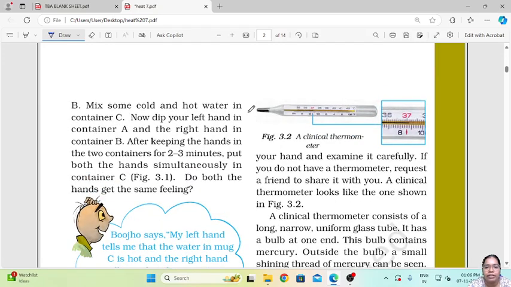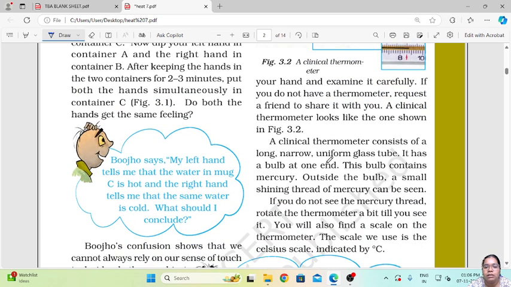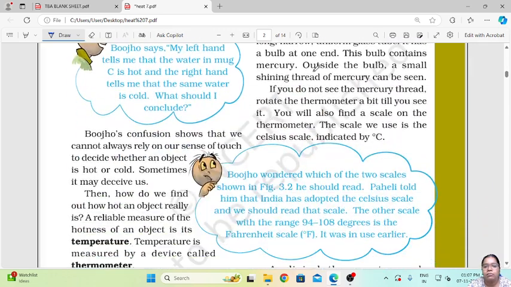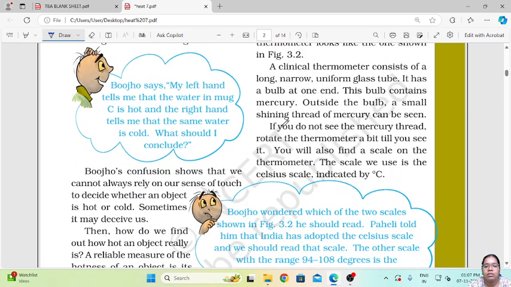The bulb contains mercury, and it consists of a small bulb which holds the mercury. When the mercury comes in contact with the heat of the object, it starts rising, and it will give us the exact temperature of the substance. If you do not see the mercury thread, rotate this.